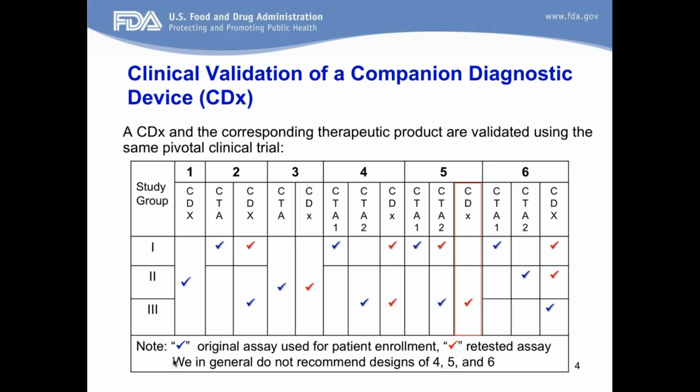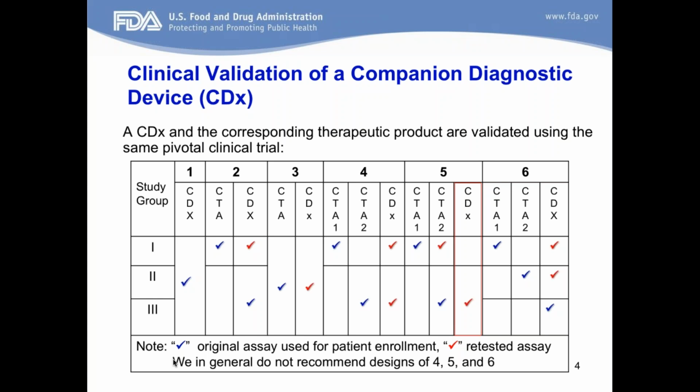So suppose I have group 1, group 2, group 3 for the first design, and I use the blue marker to indicate that at enrollment, the patient marker status is determined by CDx. So for design 1, there's no bridging study involved because everybody's marker status is determined by CDx.